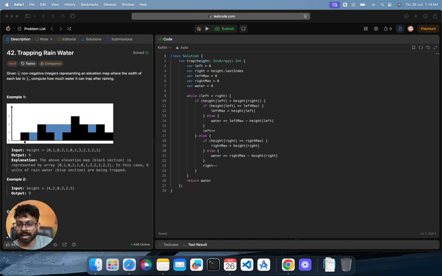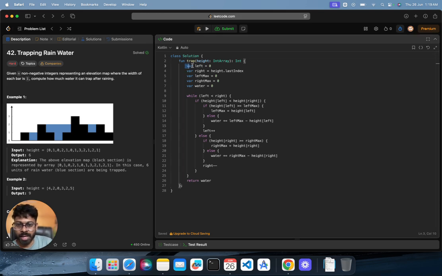But if the newer left, let's say in this one, is taller than the previous one, then just update the left max, because now this is your new left, and based on this you can calculate the water trapment. So this is the logic for how we can take care of the individual blocks that occur in between without updating the left max at every point. We just update the left max when it is taller than the previous one, and then based on that we see whether we can trap water or not.